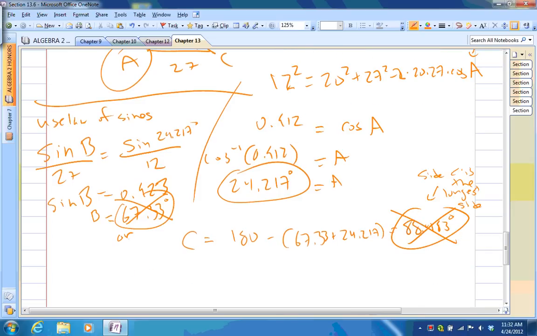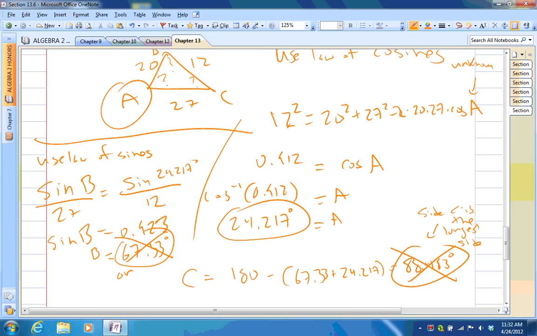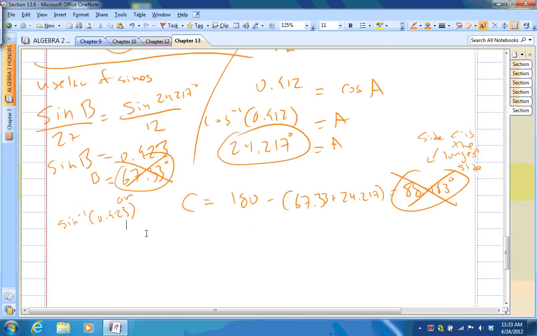So what you would do is realize that when we do the inverse sine of 0.923, you do get 67.33 degrees, or it could equal 180 minus that.